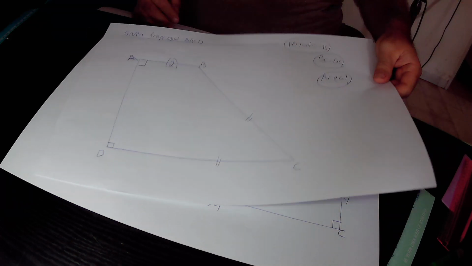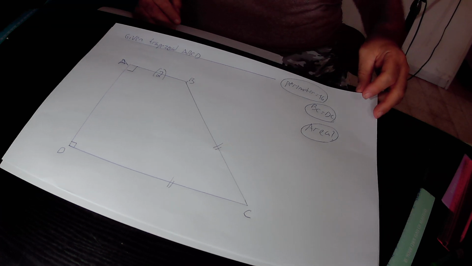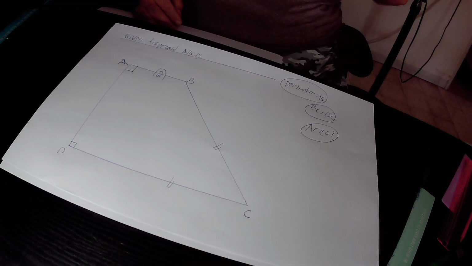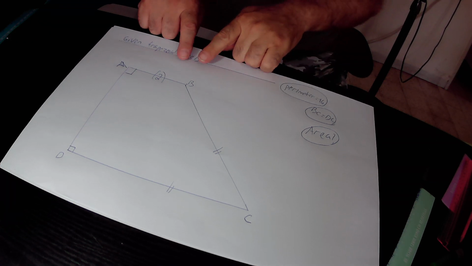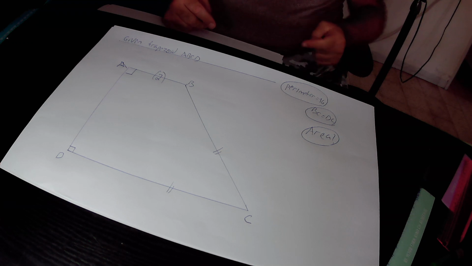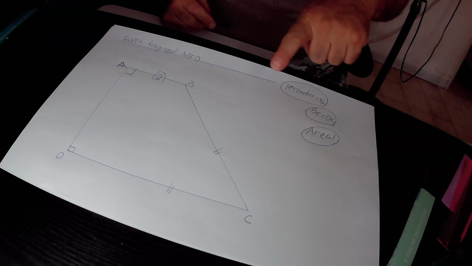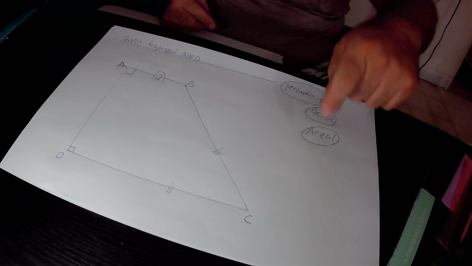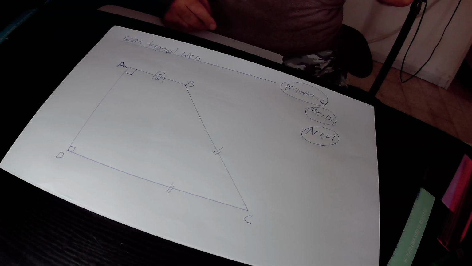So we start with the first question. In the drawing we have trapezoid ABCD. We know that the length of side AB is 2 units, and we also know that side BC equals side DC, and that the perimeter of this trapezoid is equal to 16 units.